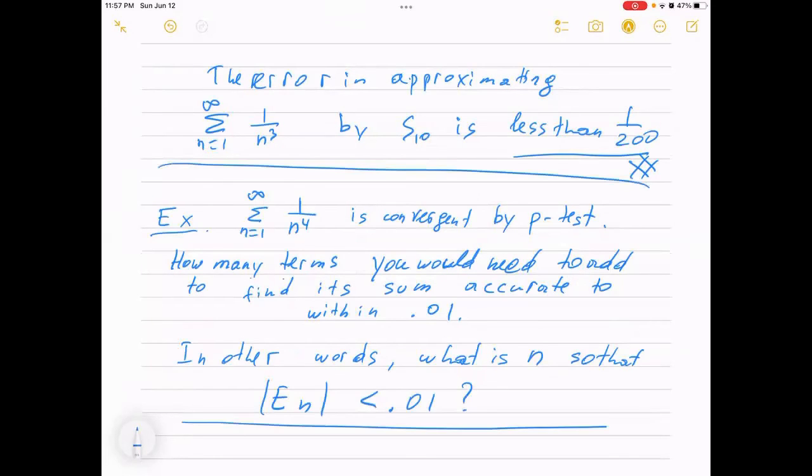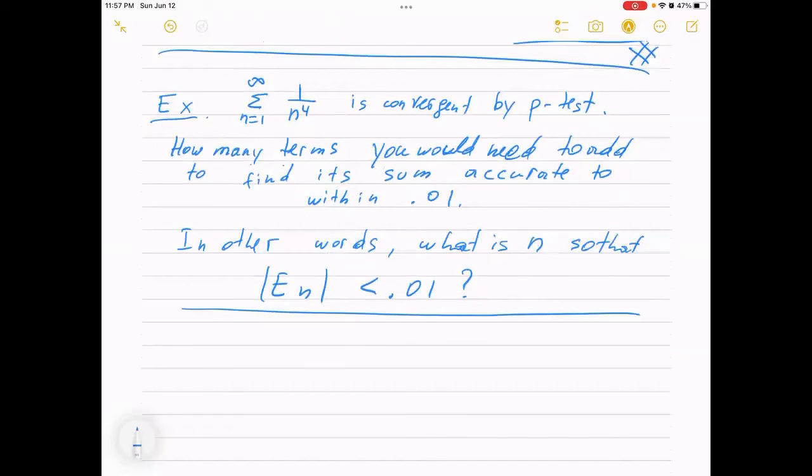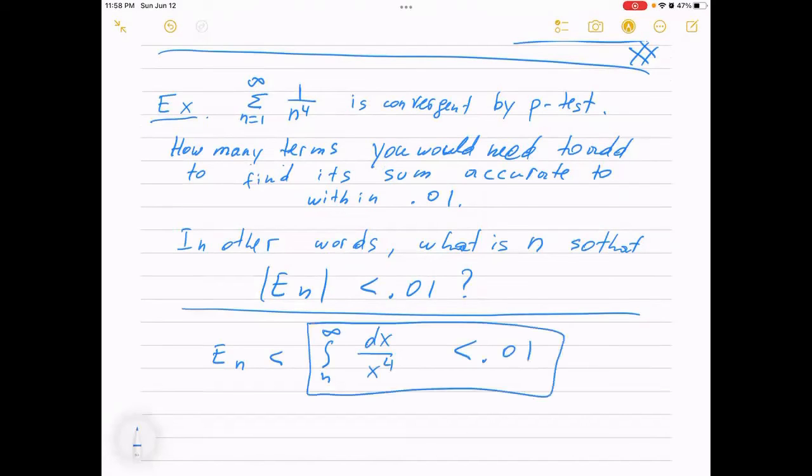Let's try to address it. We know that by the integral test, the error estimate is going to be less than the integral from n to infinity of dx divided by x to the 4. And we want to make it less than 0.01. If we can make that less than 0.01, that automatically will guarantee that En is also going to be less than 0.01.